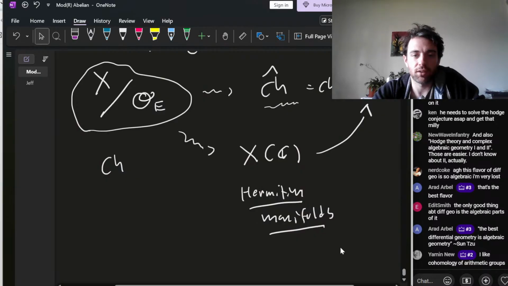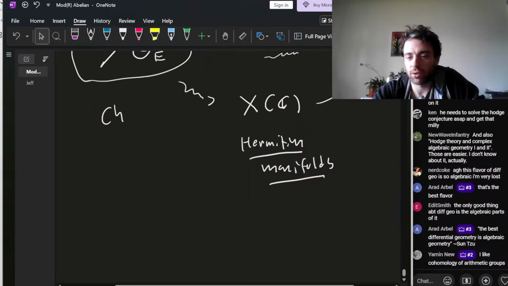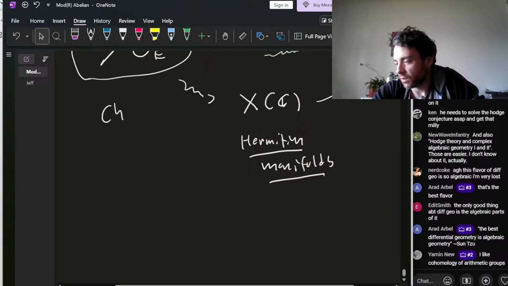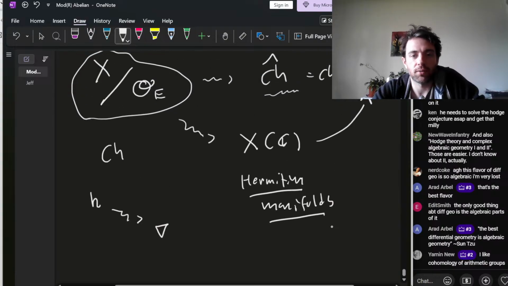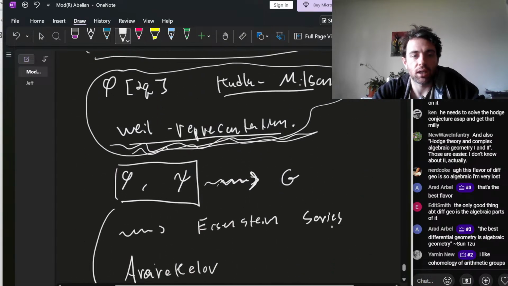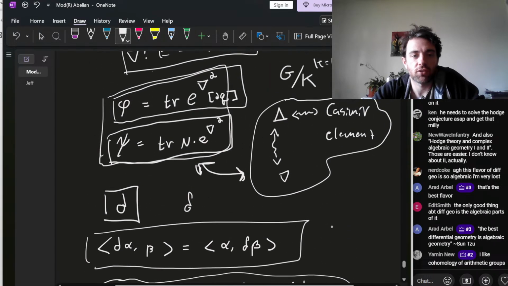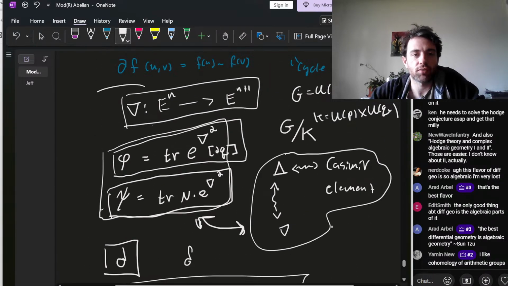In this case, if you have a Hermitian metric on these holomorphic vector bundles, then you also have a special choice of connection that respects the Hermitian metric, and that goes into the definition of the super connection.